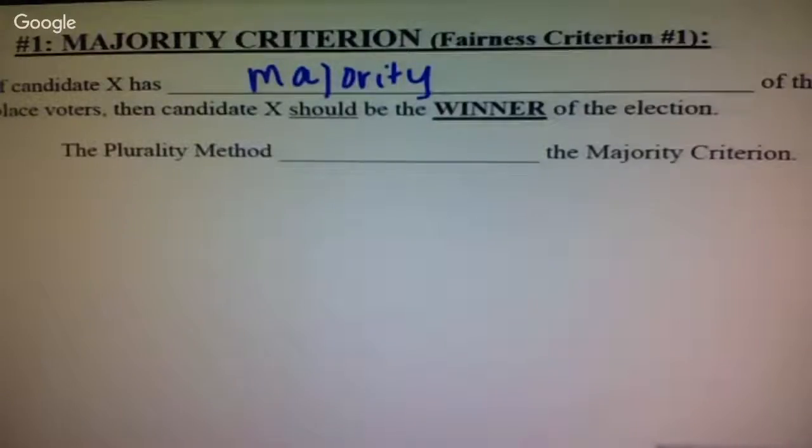I think we've had 2 elections now where the majority candidate has lost because of the Electoral College. The plurality method satisfies this criterion. So as of right now, the plurality method is fair. Once we get into some other criterions, it may not be fair anymore.